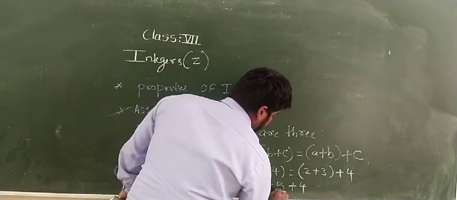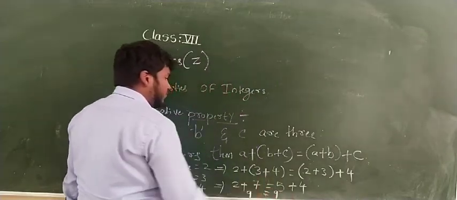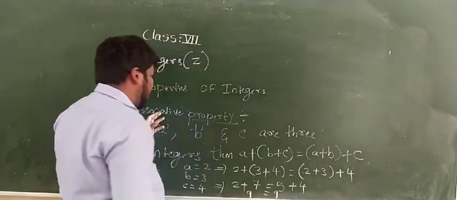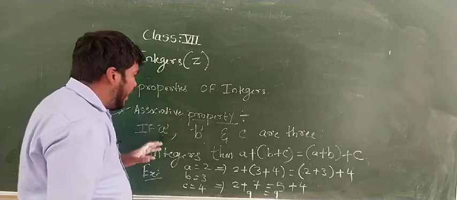Again, 2 plus 3 is equal to 5, plus 4, which is 9. Again LHS is equal to RHS, so we can say associative property holds good for addition.